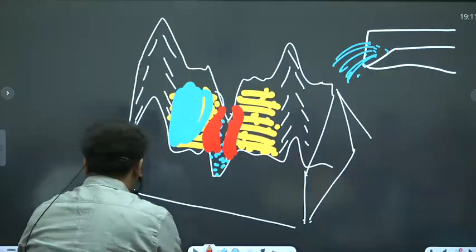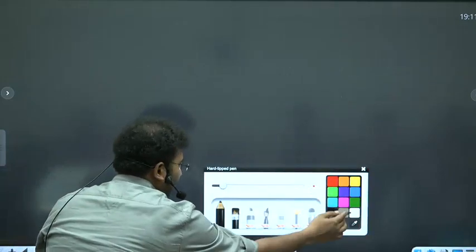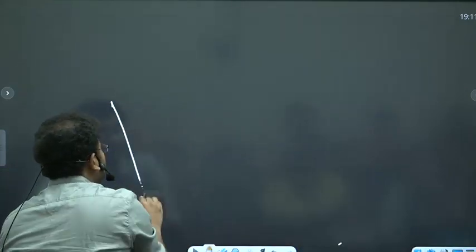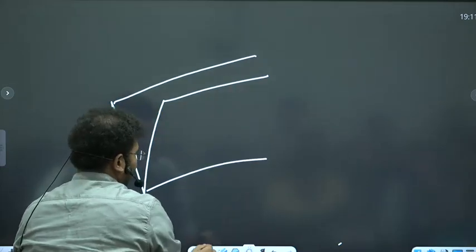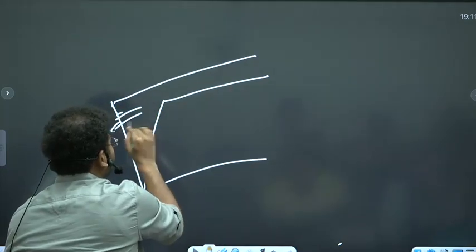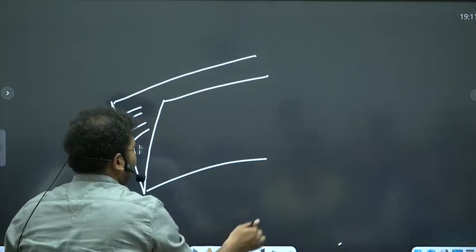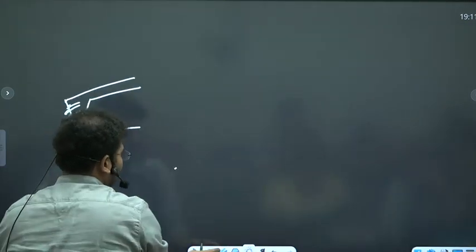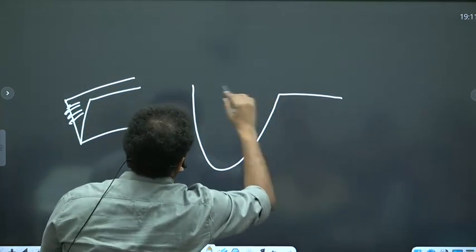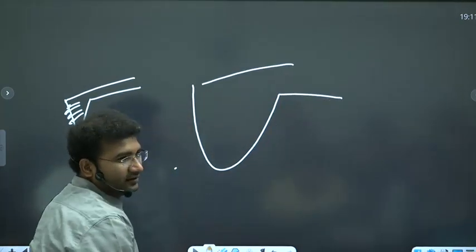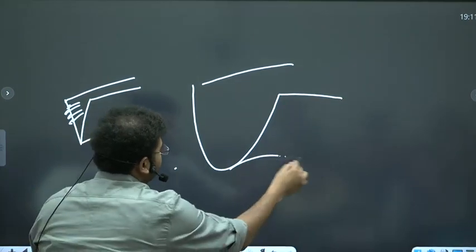See, a river which is there in the youthful stage, the shape of the river will be like this. The water is flowing outward like this. Whereas a river in the matured stage, it will be like this. Right? It is U-shaped.